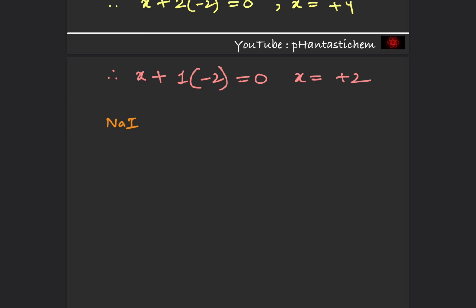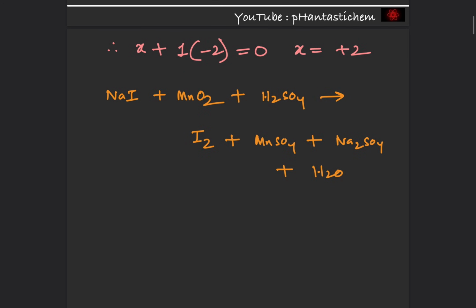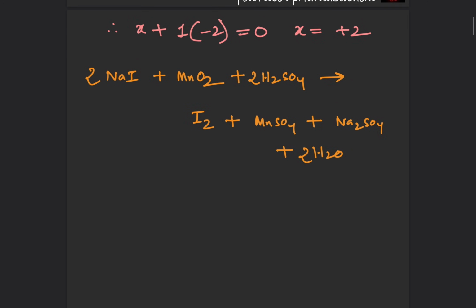So with respect to the reaction, NaI reacting with MnO2 and H2SO4, we will get I2 plus MnSO4 plus Na2SO4 plus H2O. Upon balancing, I will have a 2 here, a 2 here, and also a 2 here. This reaction is used to make violet iodine crystals.